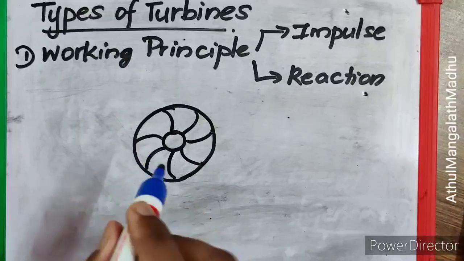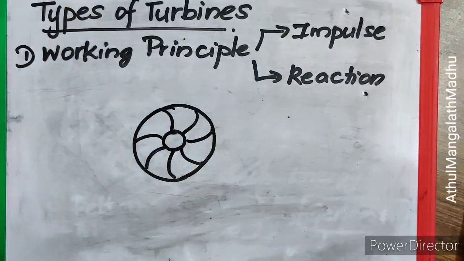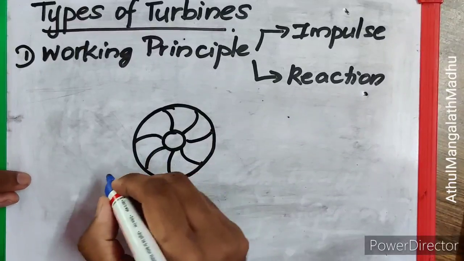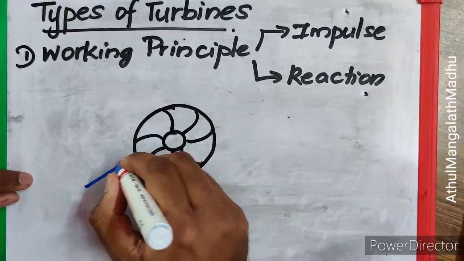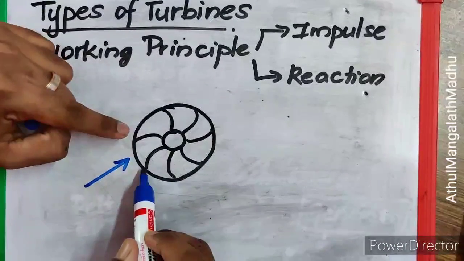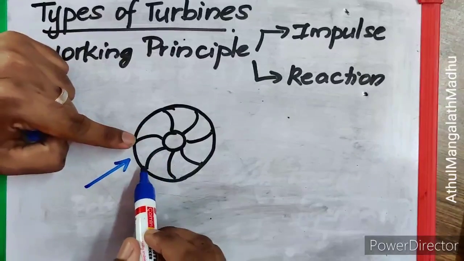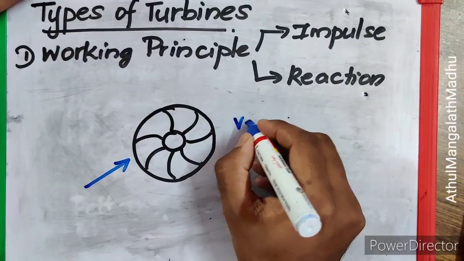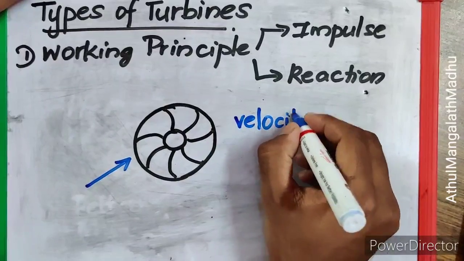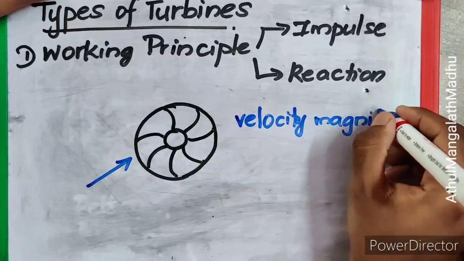Otherwise, if it is radially outward, the water enters through the center portion and comes out radially outwards. So I'm just taking this vane. What happens if the water is entering like this? As soon as it enters, the area is decreasing. So as it is moving inside, the magnitude of velocity is changing.